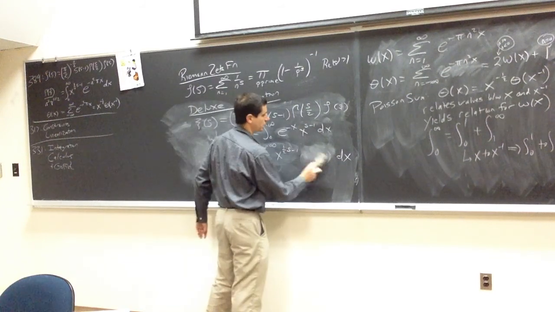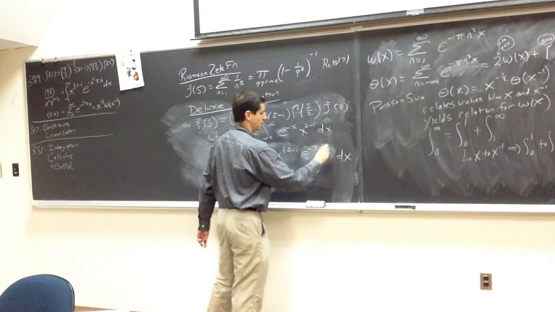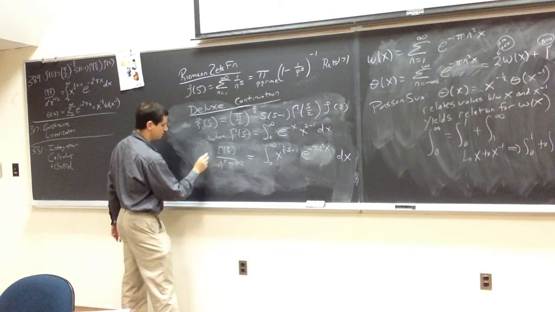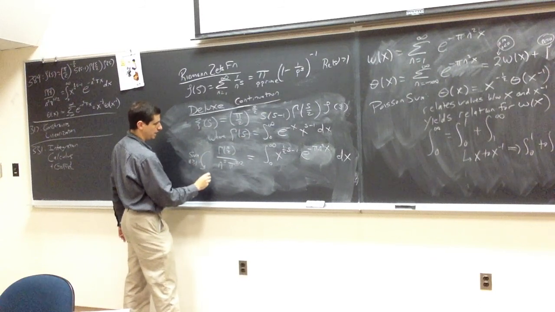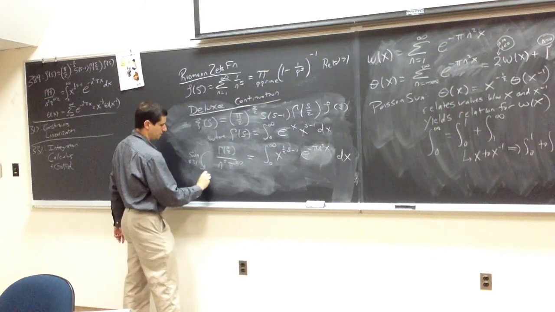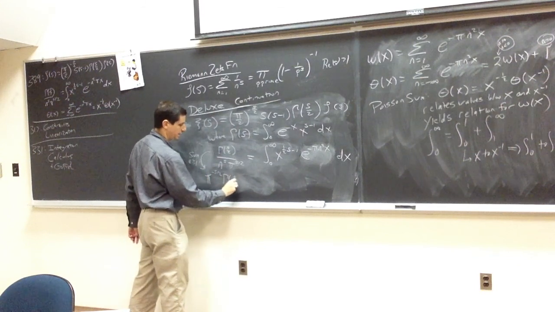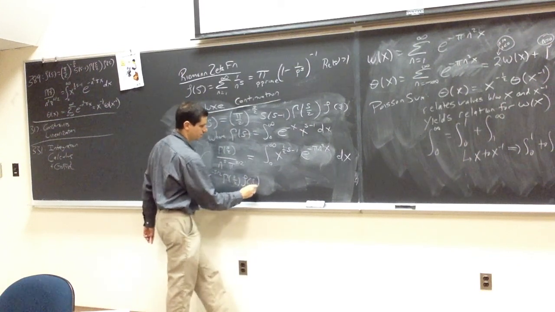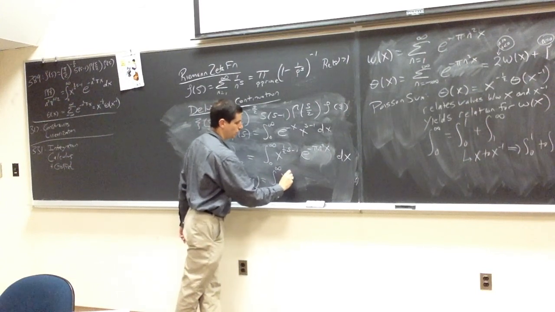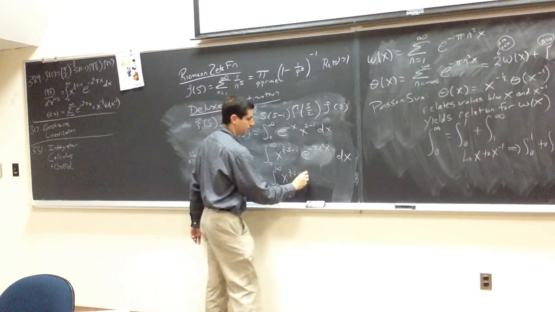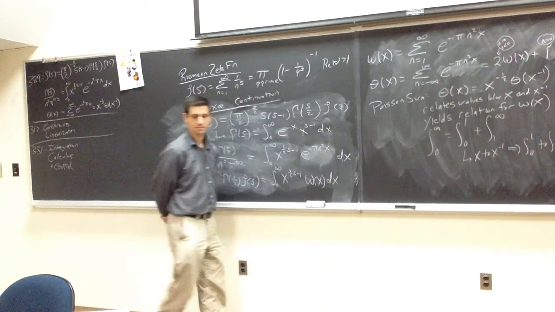We have e to the negative pi n squared x. And now if we sum over n, we get pi to the negative s halves, gamma of s halves, zeta of s is equal to the integral from 0 to infinity of x to the 1/2 s minus 1 omega of x dx.